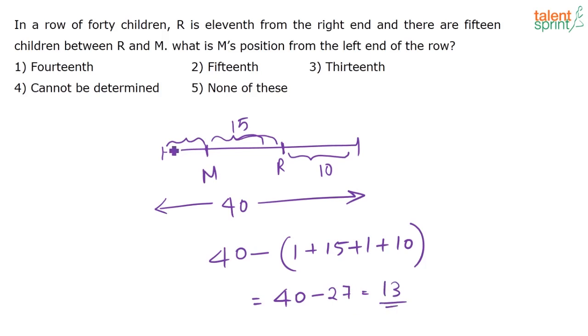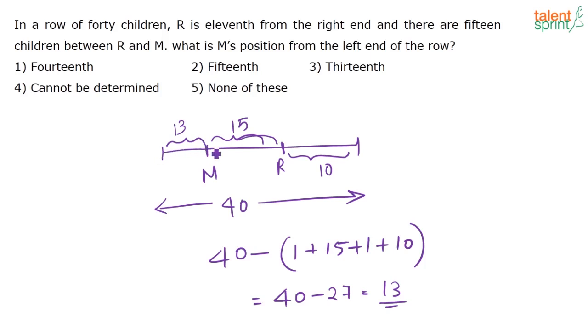So there are 13 people here, correct? On this side of M there are 13 persons. So what is the question? What is the position of M from the left end of the row? If there are 13 persons before M, M's position is going to be the 14th. I hope it's clear.